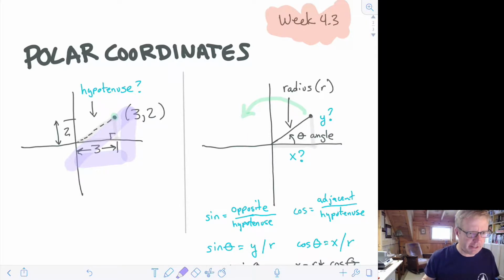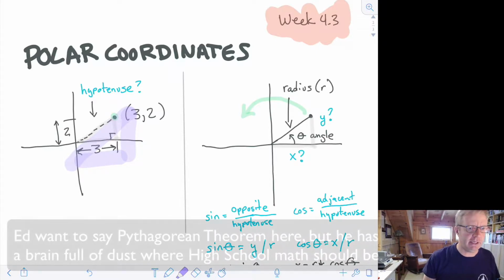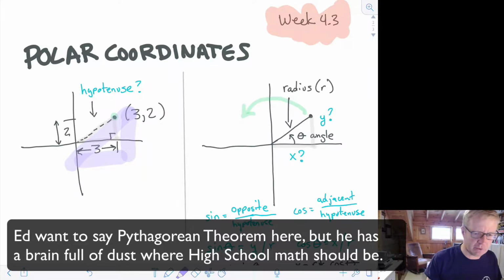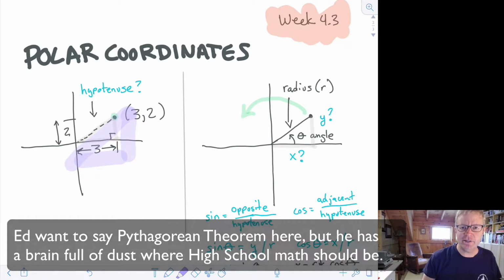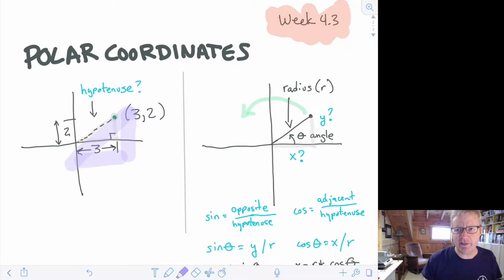But there's one there, and if we wanted to know the length of that thing, we could figure it out using a squared plus b squared equals c squared, right? That's something that high school probably ground into your head, I hope, and it's not too unfamiliar.